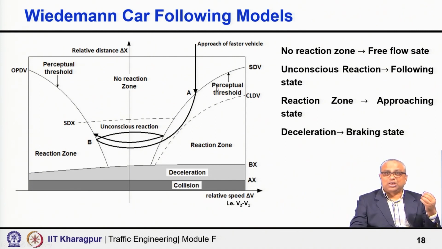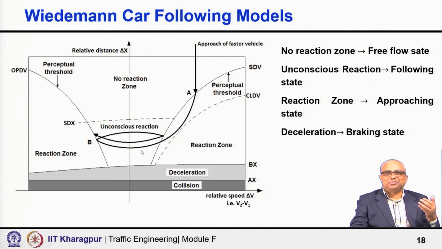Then the reaction zone comes, sequence wise, where it is the approaching state. So, that is the reaction zone, this side and this side as well. The solid lines demarcate the no reaction zone and the reaction zone, but traffic state wise it is the free flow state and this is the approaching state.